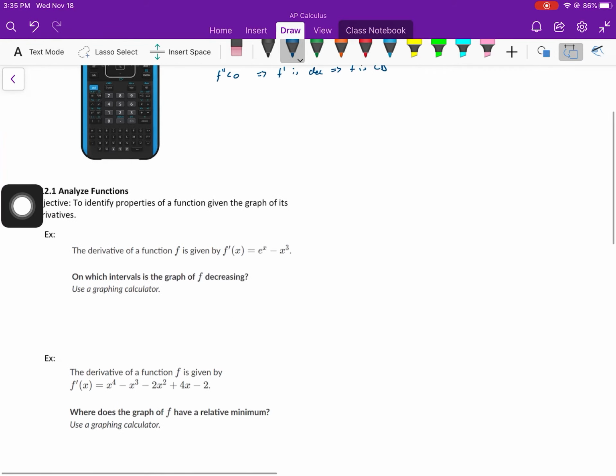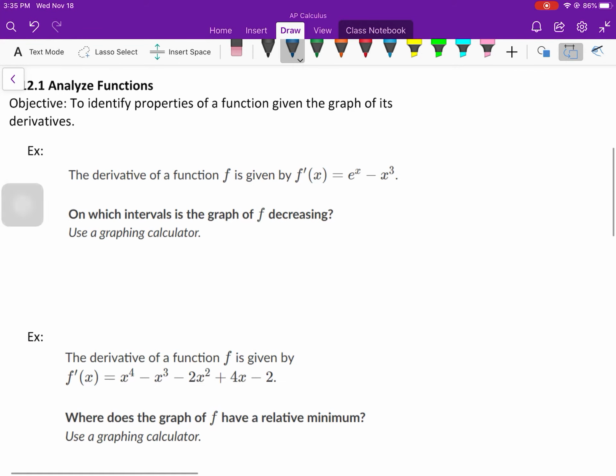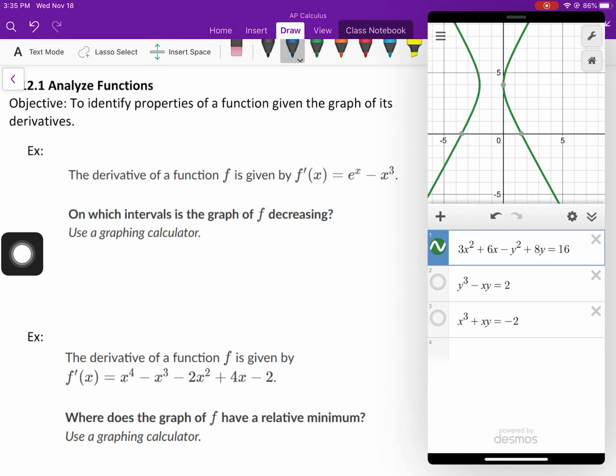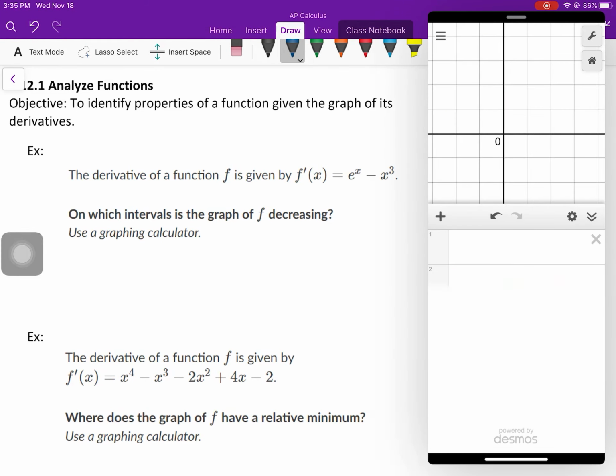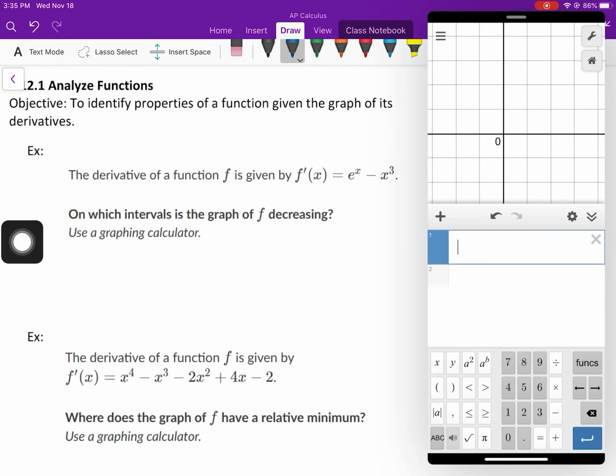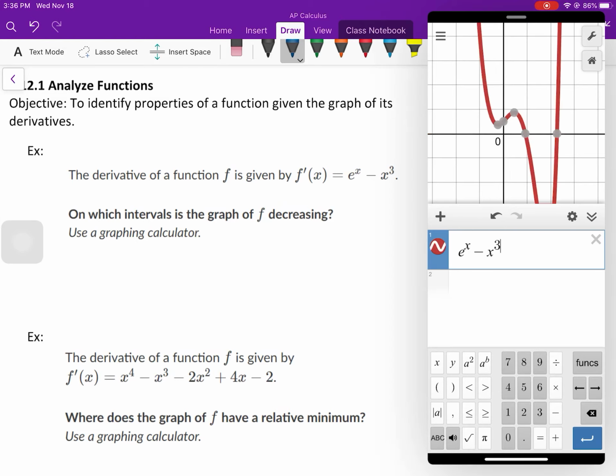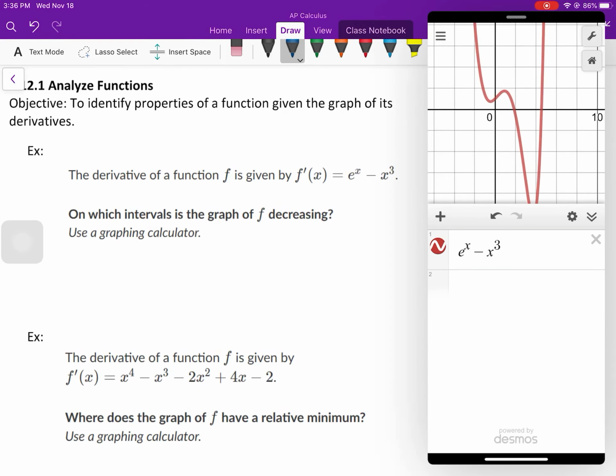Okay? So looking at this, on which interval is the graph of f decreasing? So just use Desmos. And we're going to look, this is the derivative they're giving us, so we're just going to graph it. If you're in the calculator portion of the test, you just graph it and determine when is it negative.